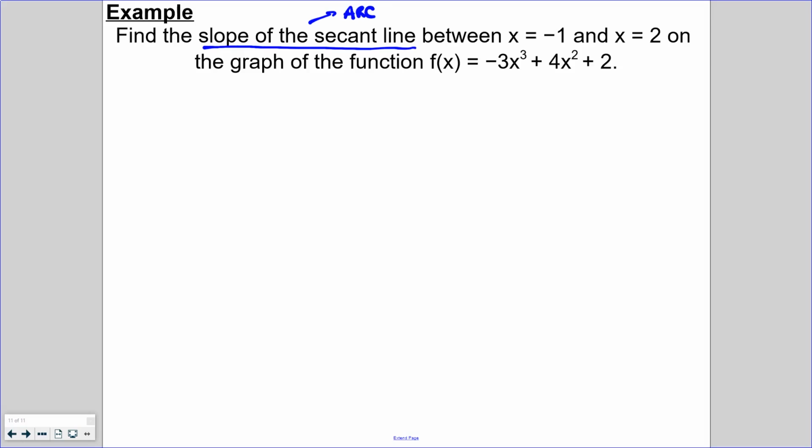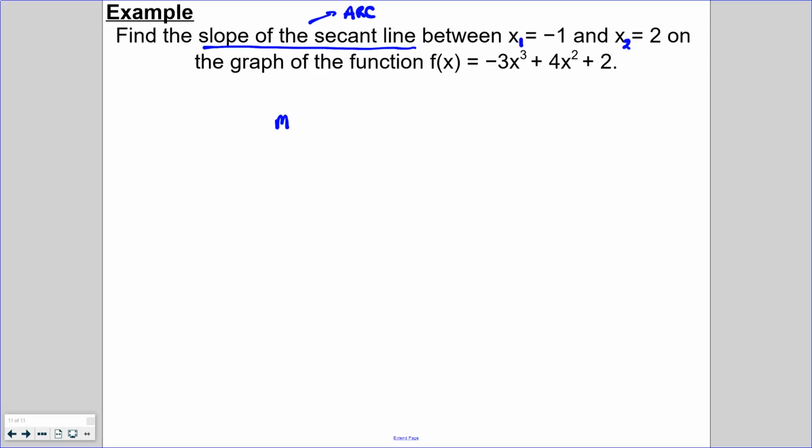So sometimes you might come across problems like this, and you need to tell yourself, wait a second, slope of the secant line is the average rate of change, and then we know what to do. We are given the interval from negative 1 to 2, so we can see that x sub 1 is going to be negative 1, x sub 2 is going to be 2, so we can get to work.